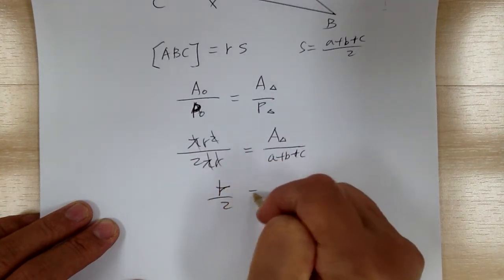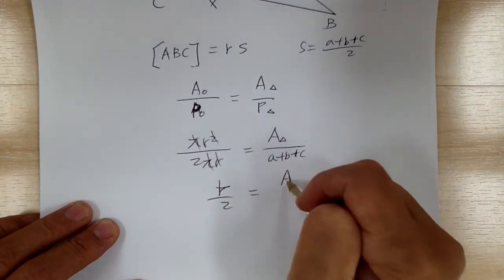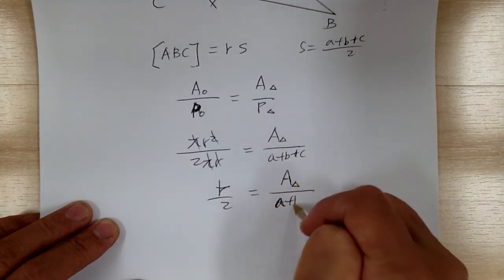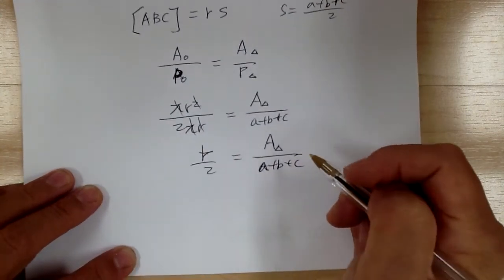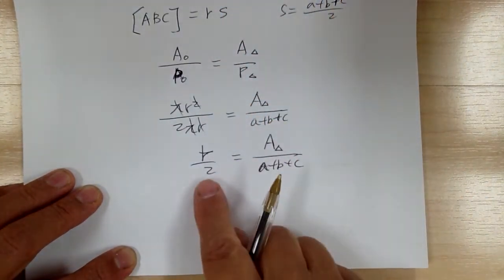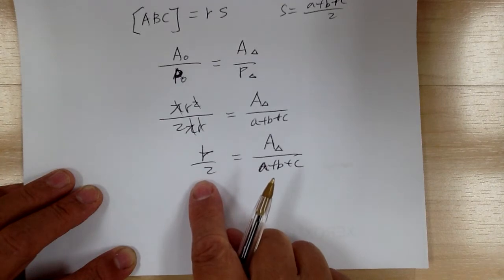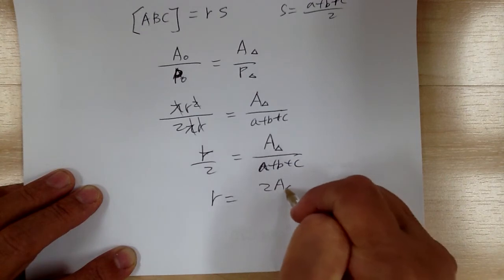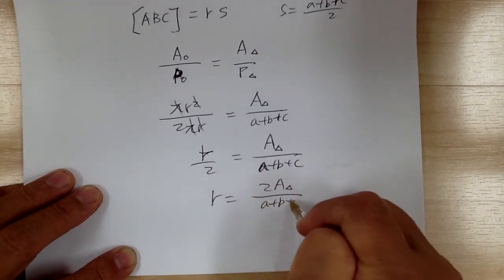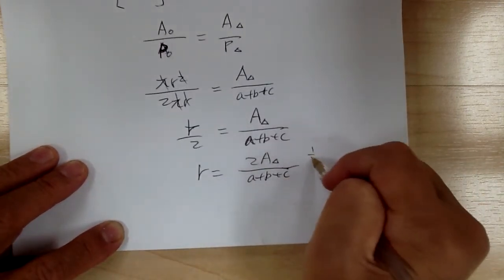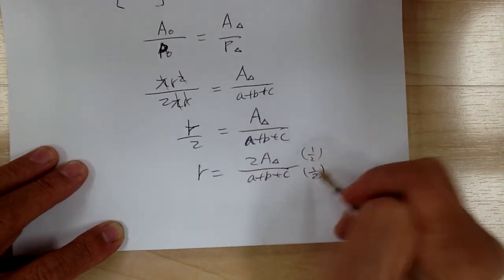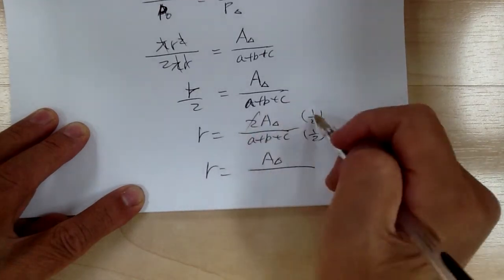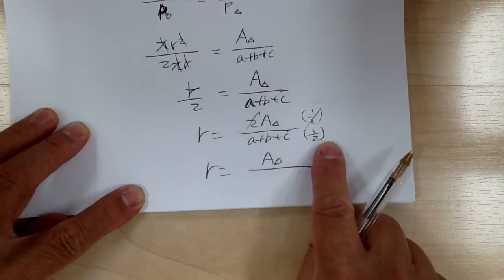Now if you simplify, pi cancels out, r cancels out, so you have r over 2 equal to the area of the triangle over A plus B plus C. If you multiply by 2, you get r equal to 2 times the area of the triangle over A plus B plus C. And if you multiply by 1/2 and 1/2, you get r equal to the area of the triangle over, this cancels out, A plus B plus C over 2.